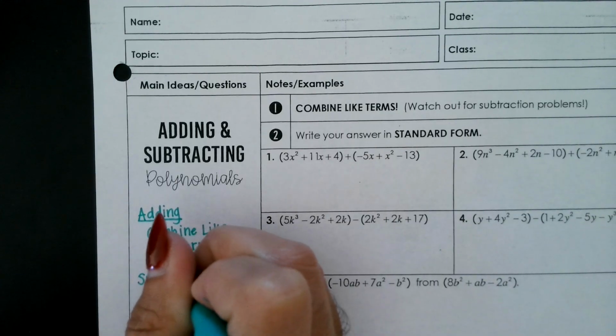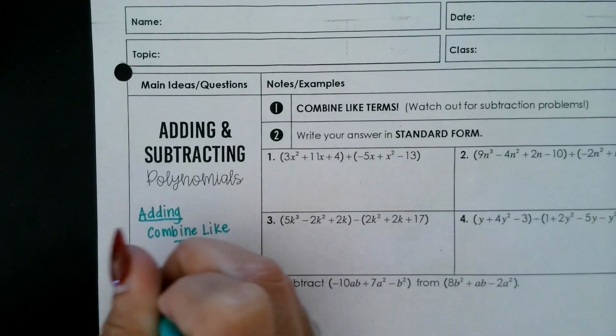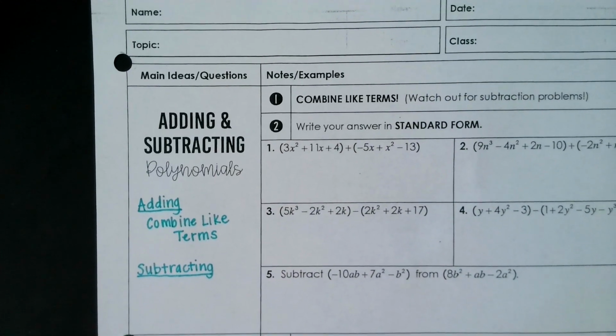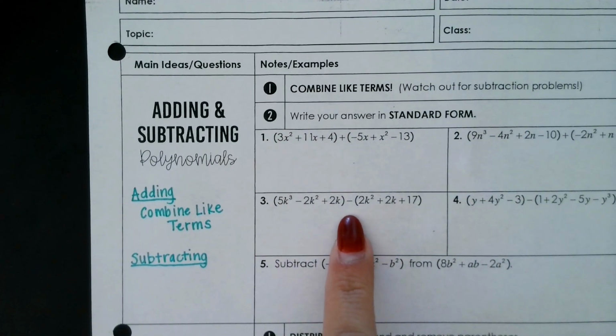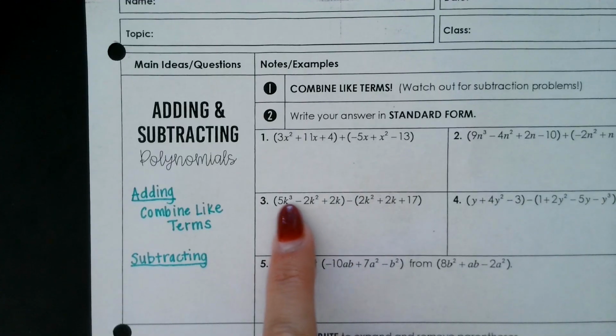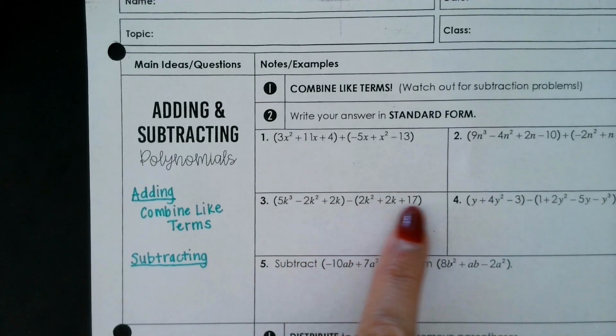The trickier one is subtracting. When we're subtracting a polynomial, you can look at example number 3 right here. The minus sign is in the middle, so it's doing this trinomial. There are 3 parts to it, and they want you to subtract another trinomial.